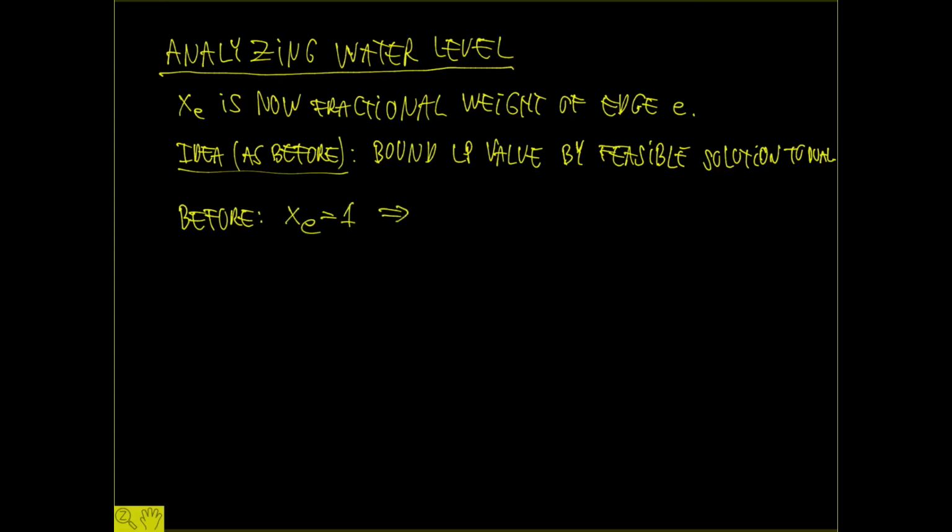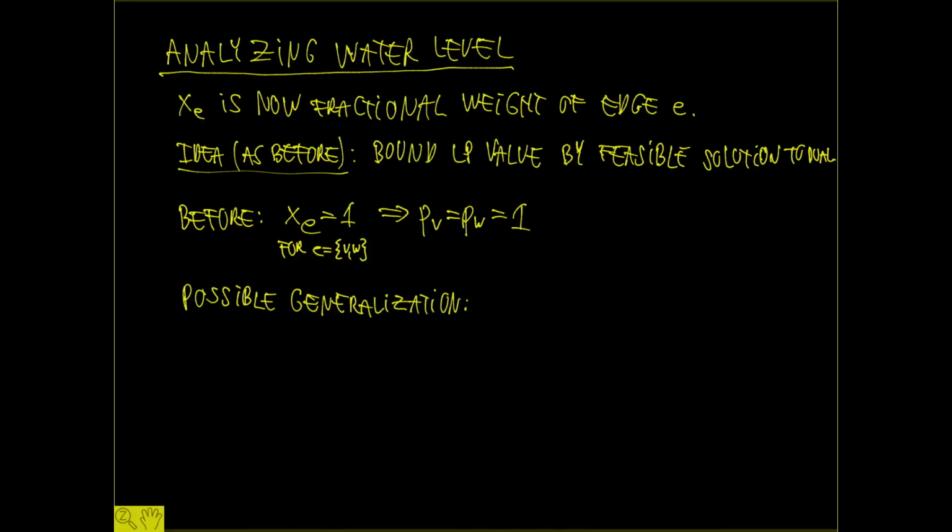So what we did before was basically whenever we set a decision variable to 1, corresponding to an edge VW, we set PV and PW equal to 1. So one possible way of generalizing this would be that if we set xe equal to some delta, we could set pv and pw also equal to this delta. Or maybe even smaller, right? Because we are looking for a cheapest possible solution to the dual.